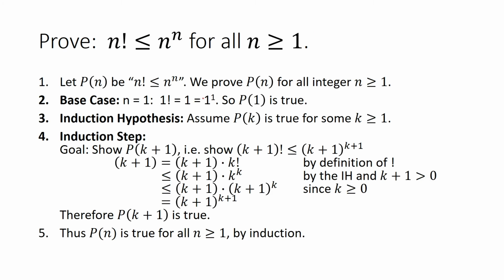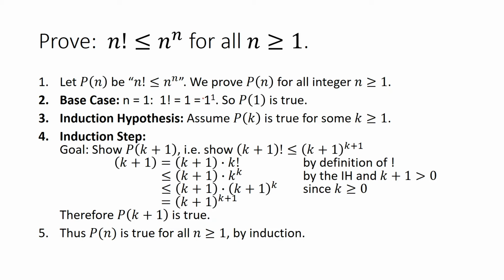So again, we have seen this before, but now I'm going to use a recursive definition for the factorial. That's why I swapped the location of left and right. Now this one: n factorial is less than or equal to n to the nth for all natural numbers n. So let p of n be n factorial is less than or equal to n to the nth.